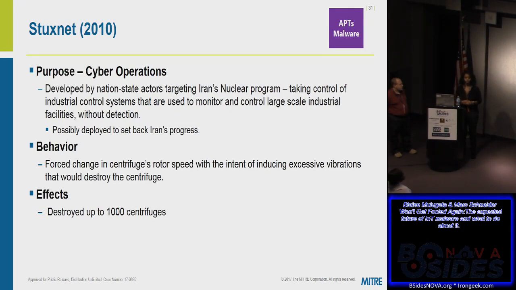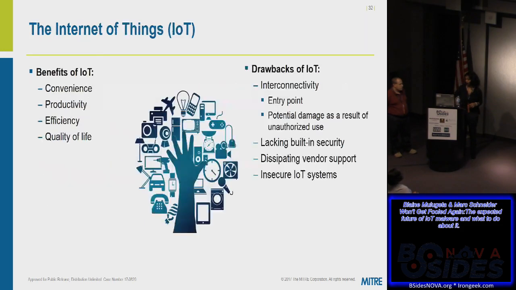Stuxnet was developed by nation-state actors, and they were targeting Iran's nuclear program, and it was believed this was deployed to set back their progress. It forced changes in the centrifuge rotary speed, and caused those to be damaged. And as Mark said earlier, it resulted in 1,000 damaged centrifuges.